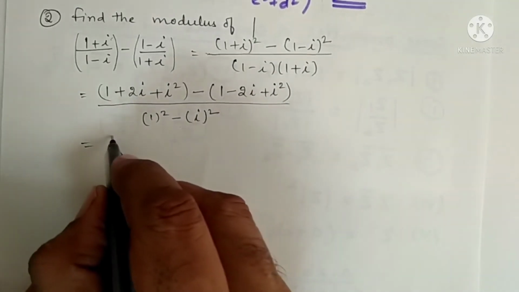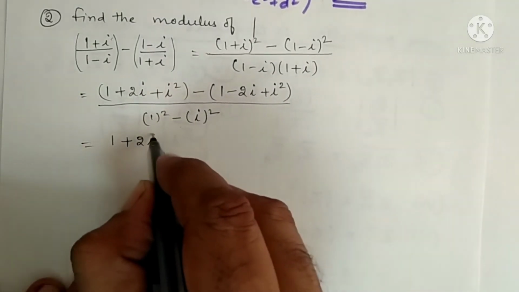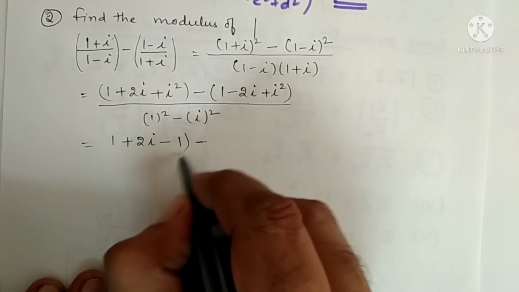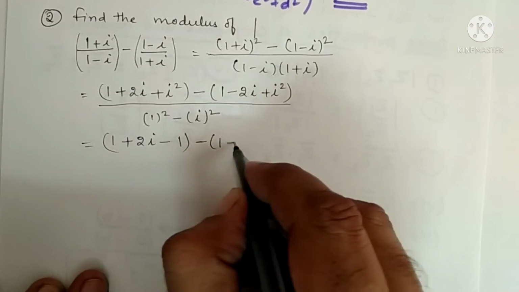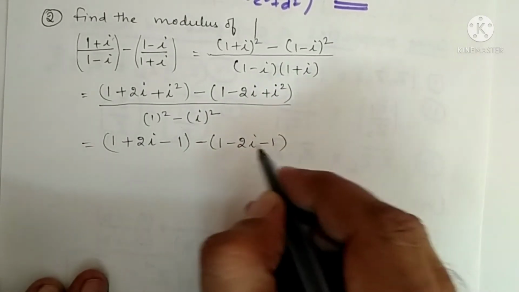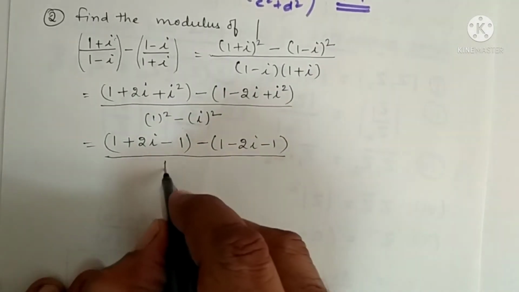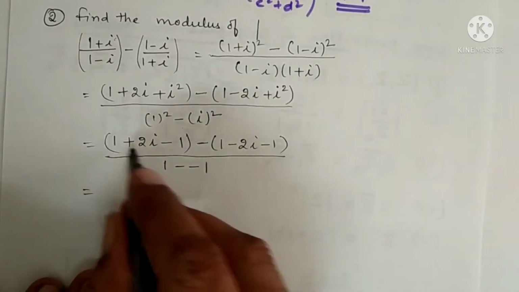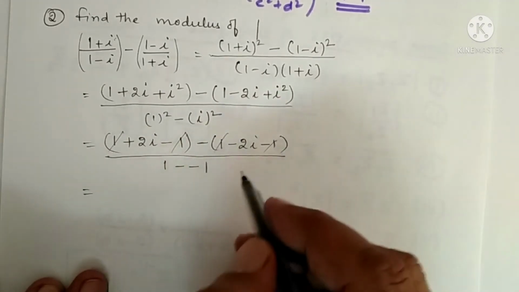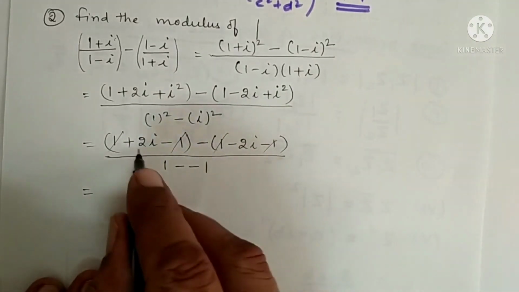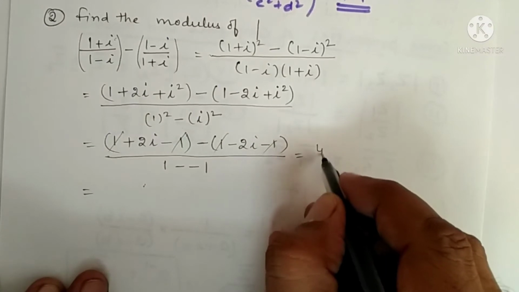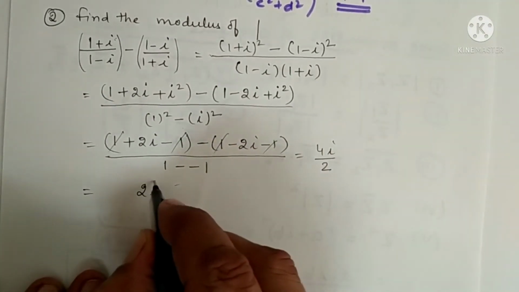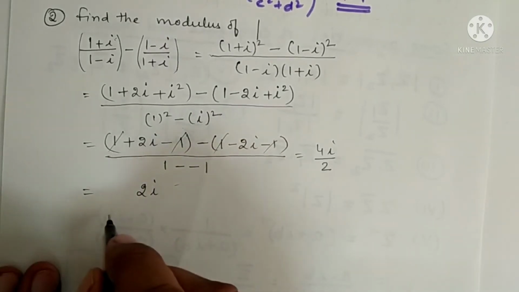So when we open the bracket, 1 + 2i − 1, and minus 1 − 2i − 1, upon 1 square is 1 and minus i square is plus 1. This cancels, this also cancels, and 2i plus 2i is 4i upon 2. So this will be 2i, and for this 2i we have to find the modulus.